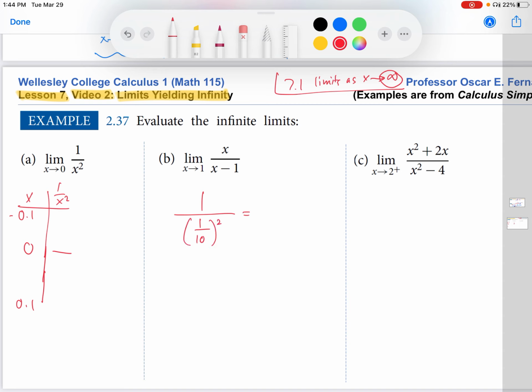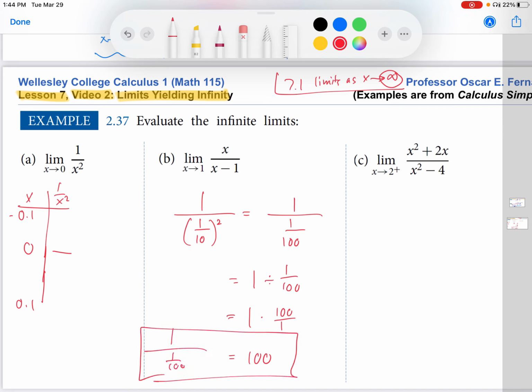First, I would have to square it, so I would get 1 over 100. And then I'm taking 1 and dividing it by 1 over 100, which is the same as multiplying by the reciprocal of 1 over 100. So the answer is 100. Notice that 1 over 1 over 100 equals 100. I've written it in this very specific form to make our lives easier for what you will see in a minute.